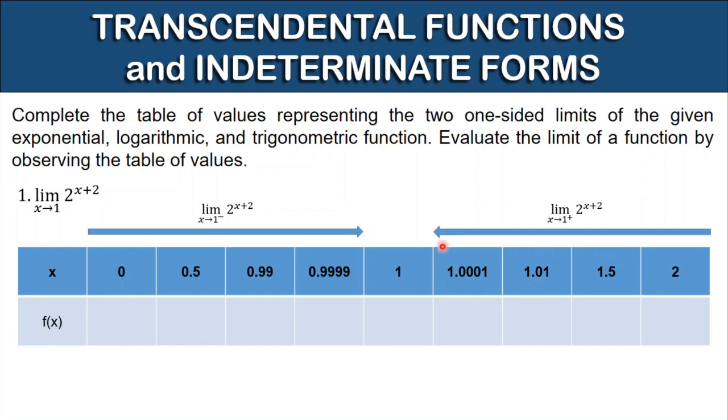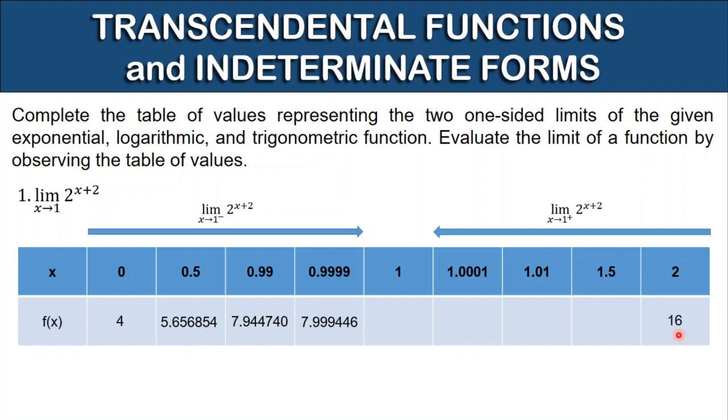Then from here, let's obtain the values of our function one by one. You can use your calculator in obtaining the value for each x. If x is 0, the function is 4. If x is 0.5, the function is 5.656854. And from the right side, let's start with 2.